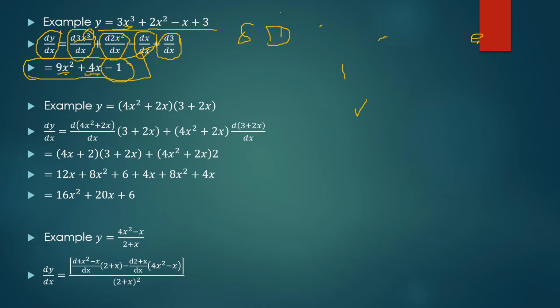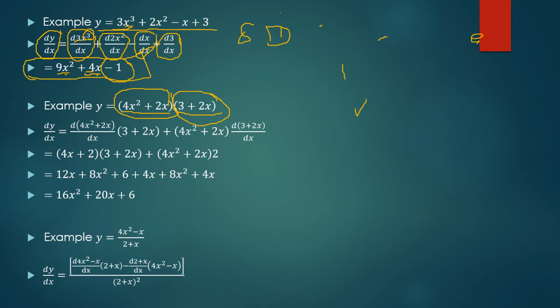Remember, in the product rule we follow the formula. First, we derive this one, multiplying it with the underived other function, plus the second one derived, multiplying the underived function in here.